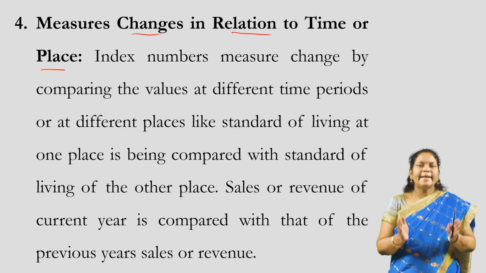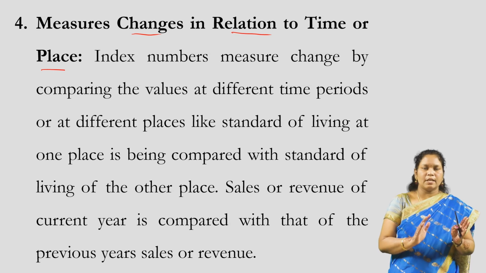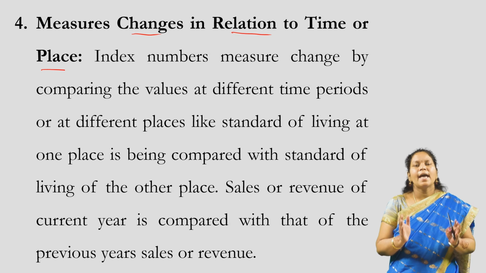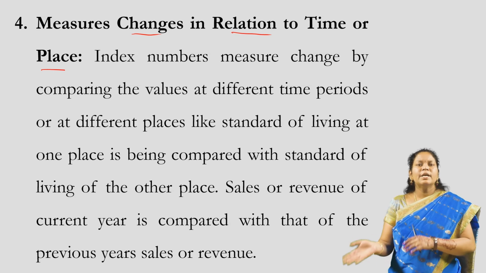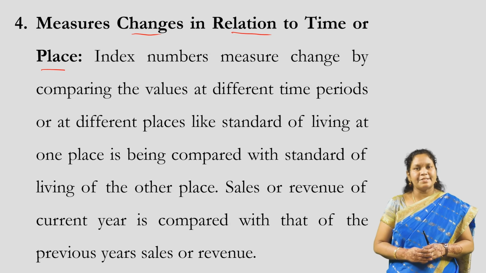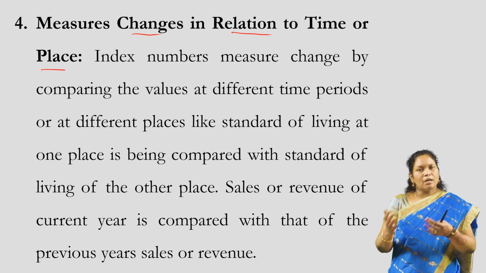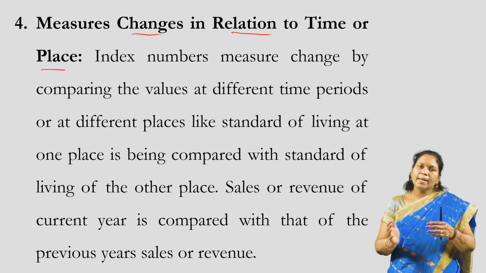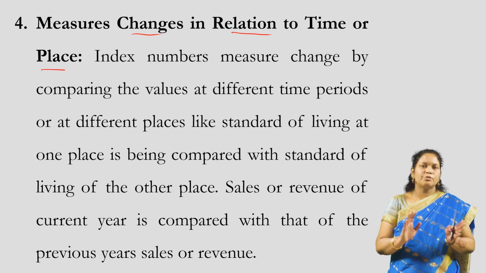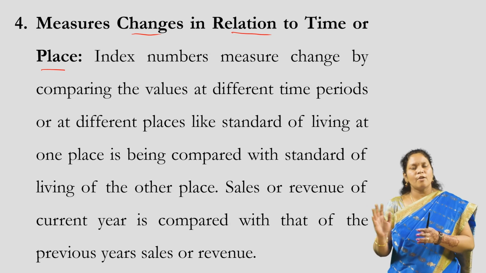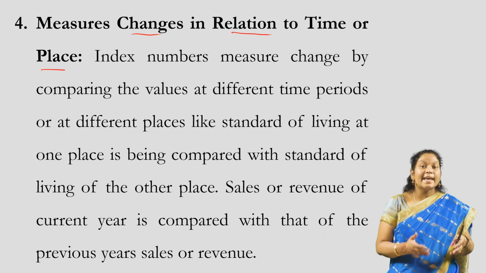I'll consider an income range like 10,000 to 20,000 or 20,000 to 50,000. I'll keep the range, and simultaneously check the increase in price and how they are managing their budget. If I go for lower income, less than 10,000, my range will be from 1,000 to 10,000 itself. For that I'll check how prices are impacting their budget.